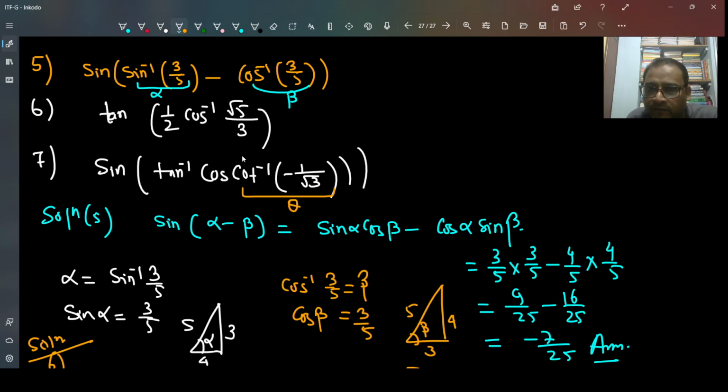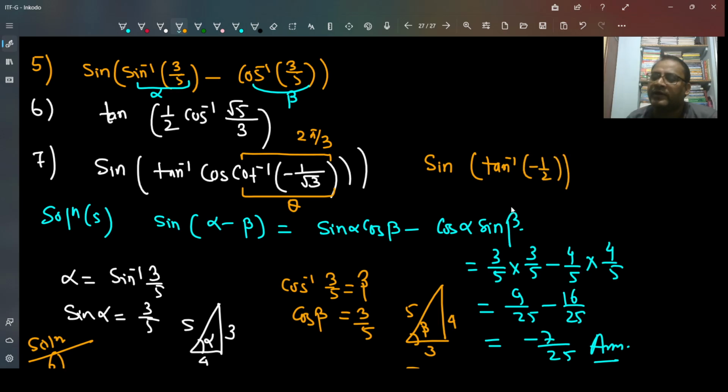So it is nothing but 120 degrees. So here you will get cot inverse of minus 1 by root 3 is nothing but 2 pi by 3. And cos 2 pi by 3 is minus half. So sine tan inverse minus half we have to find out.